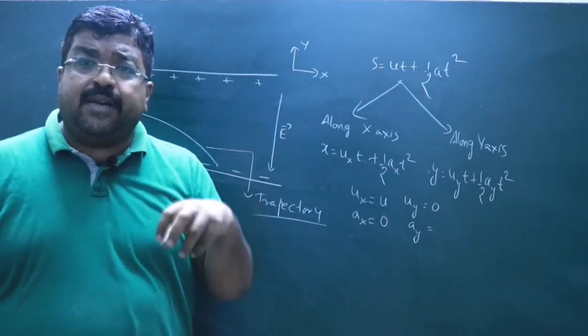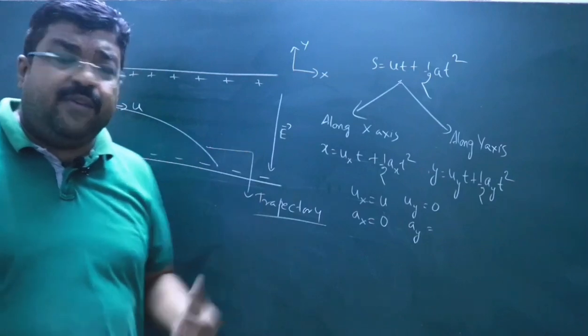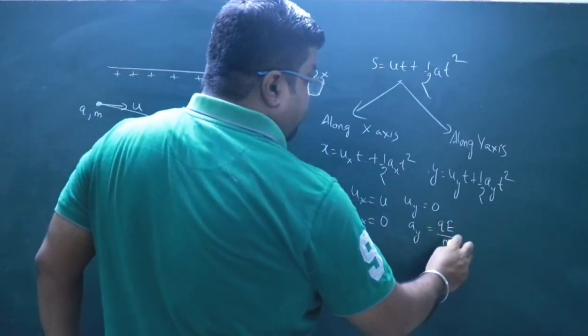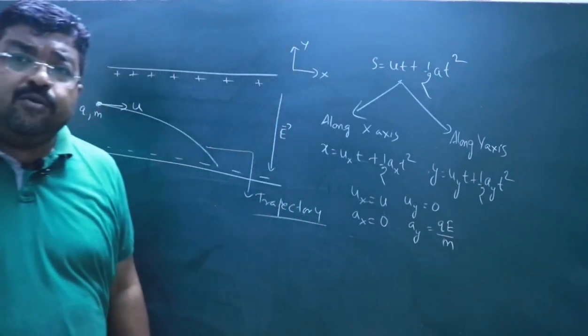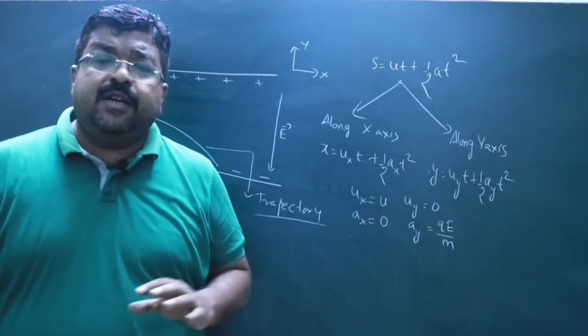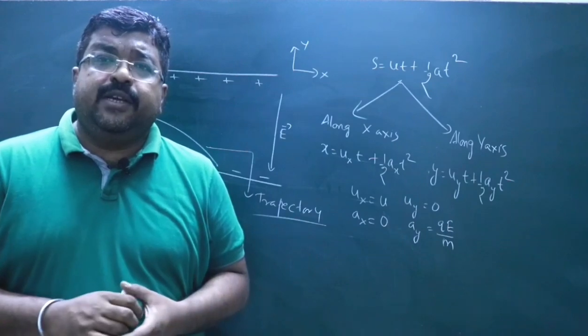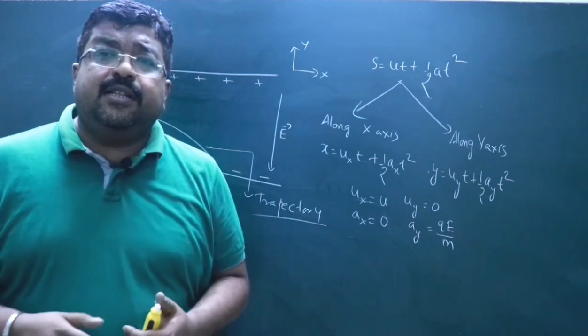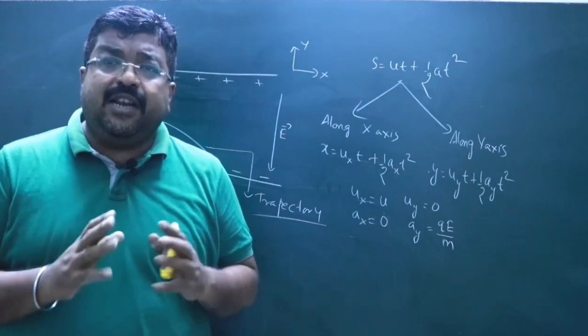Acceleration is force by mass, and force is charge times electric field, so ay is equal to qE by m. Here one thing you need to note: when a charged particle is moving under the influence of an electric field, unless something is stated about gravity, the influence of gravity must be neglected.